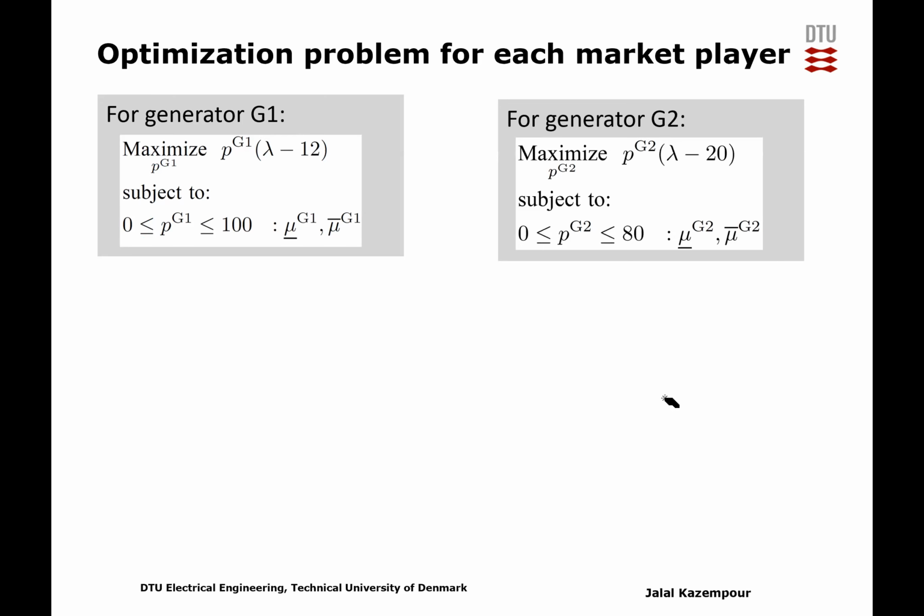And in the same way, we can write a separate optimization problem for generator 2, exactly in the same way. The only variable for generator 2 is its production level, and in the same way we have a technical constraint.